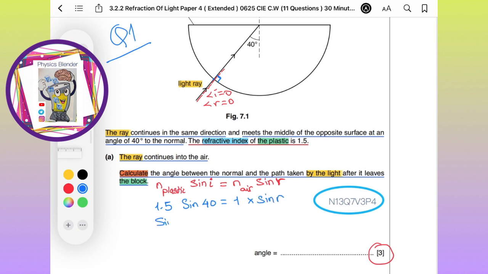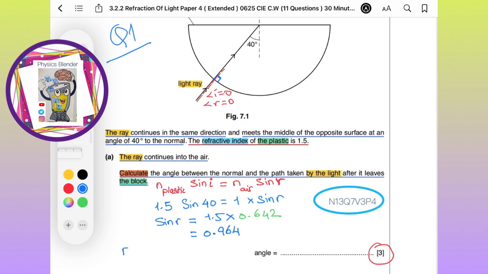Rearrange, so sine R is equal to 1.5 times 0.642. This value shouldn't be rounded. You have to round only final answers. Okay, guys? So sine R is equal to 0.964. Also, this value shouldn't be rounded.